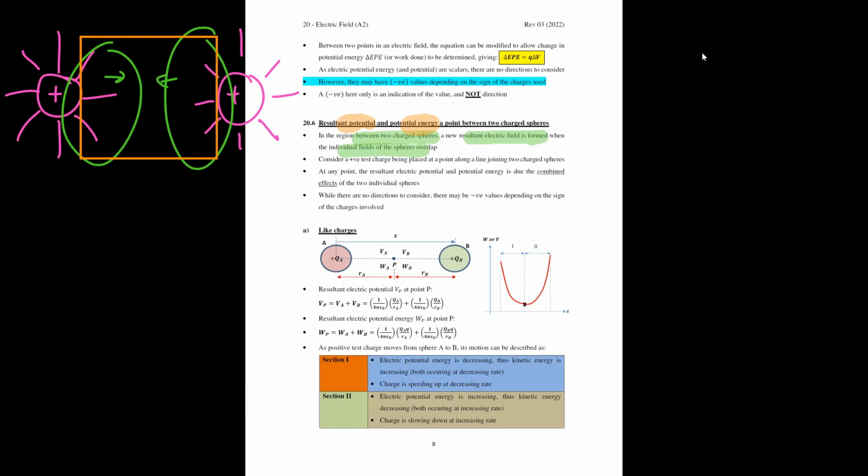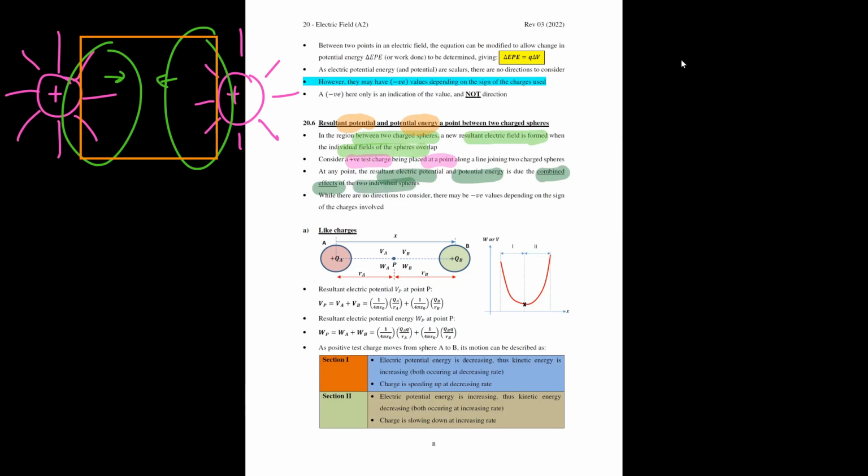So if you want to find out the value of the new resultant potential and potential energy, you again would need to use a positive test charge at the point that you're interested in, okay? So the resultant potential or potential energy at that point would again be due to the combined effects of the two individual spheres, okay?